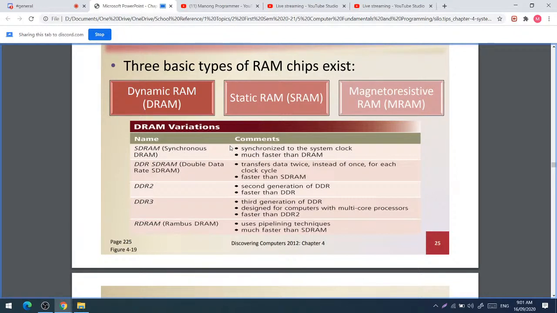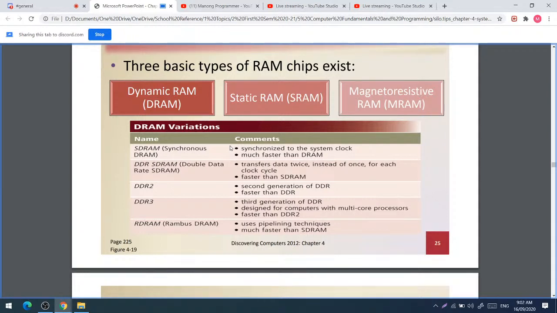What does that mean? Sir, what is the system clock again? System clock is the speed of a processor in processing data. So, how fast your processor is, that is the basis of the system clock. When we say SDRAM, however fast your processor is, SDRAM keeps pace with it.